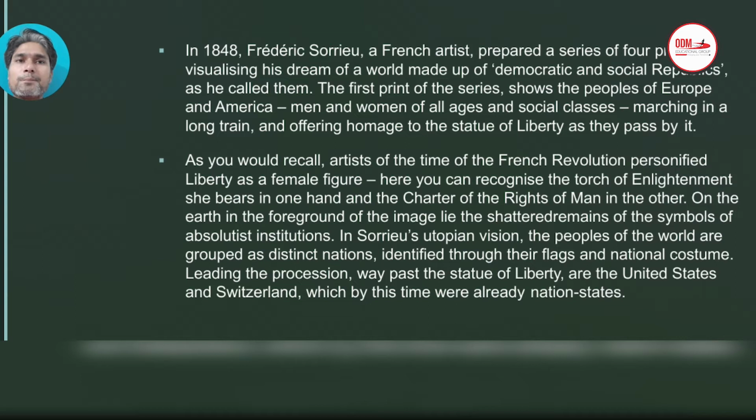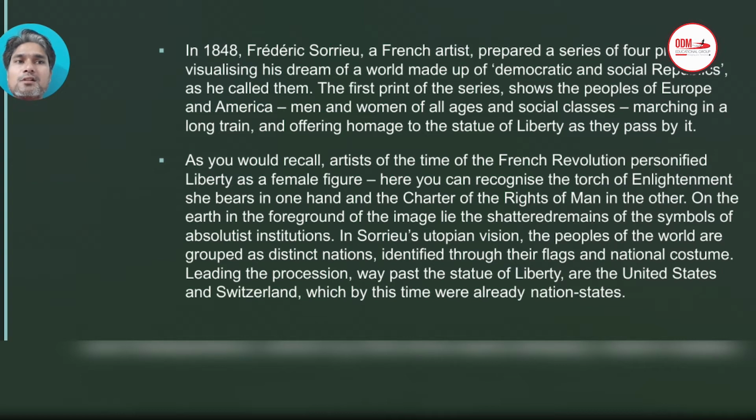As you would recall, the artists at the time of the French Revolution, you have read French Revolution in the previous class, you must have recalled that liberty was personified as a female figure. Here you can recognize the torch of enlightenment she bears in one hand and the Charter of the Rights of Men in the other.